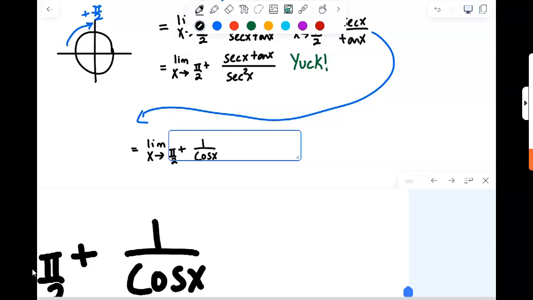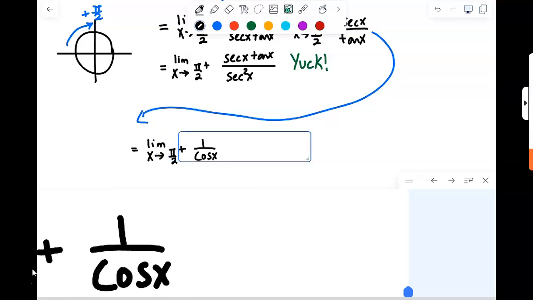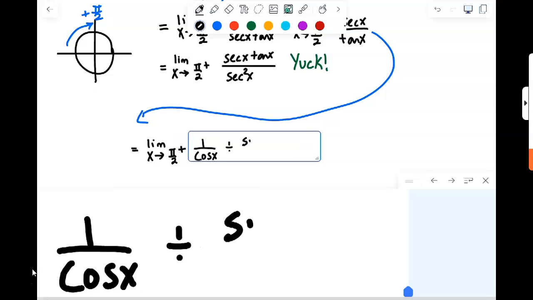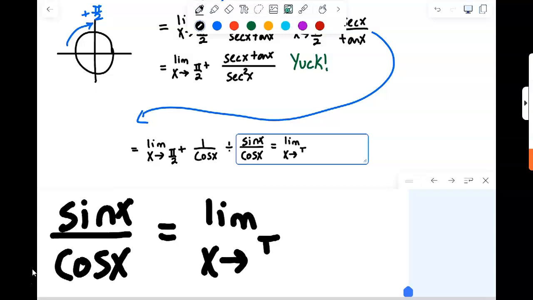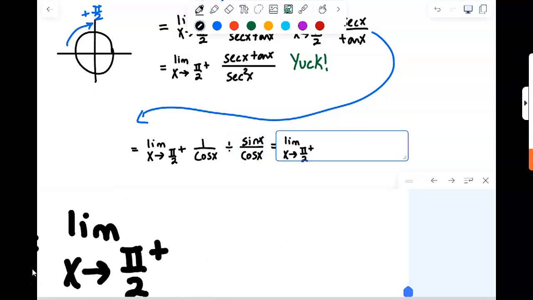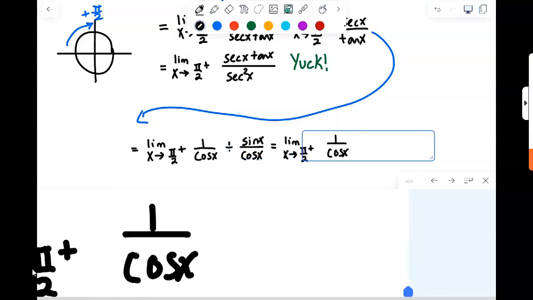Right? And then that's over tangent, so I can say divided by tangent. Remember, tangent is sine over cosine. Rewriting this, and then do a little bit of manipulating here. That'll be 1 over cosine. Remember, when we divide by a fraction, we multiply by its reciprocal.